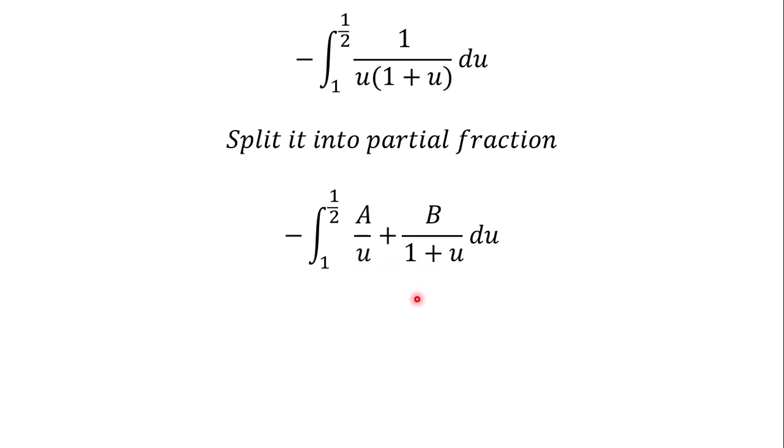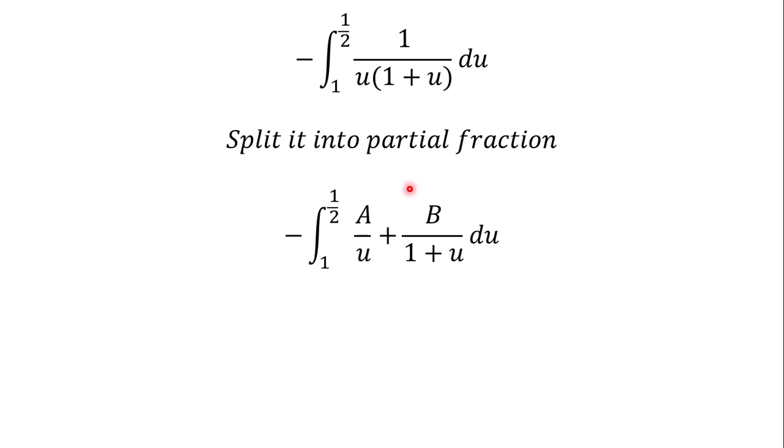You can see that both the left and right hand side have the same denominator. Since they have the same denominator, we can easily equate the numerators, or if you want to eliminate it, we multiply through by u into bracket 1 plus u.